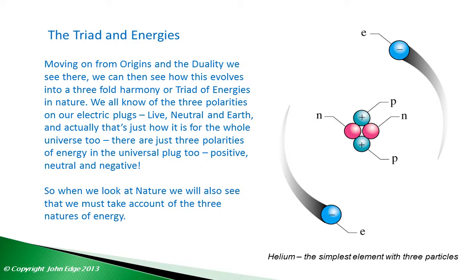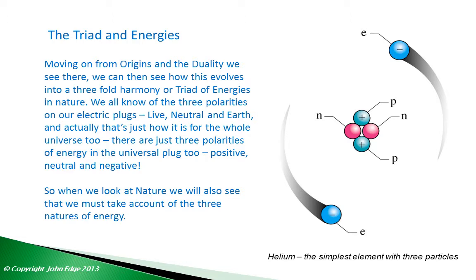Now we know that this is true in our homes, isn't it? Because there are 3 polarities in our electric plugs: live, neutral, and earth. And amazingly, of course, that's exactly how it is for the whole universe too. There are just 3 polarities of energy in the universal plug as well, in the structure of what makes the universe: positive, neutral, and negative.